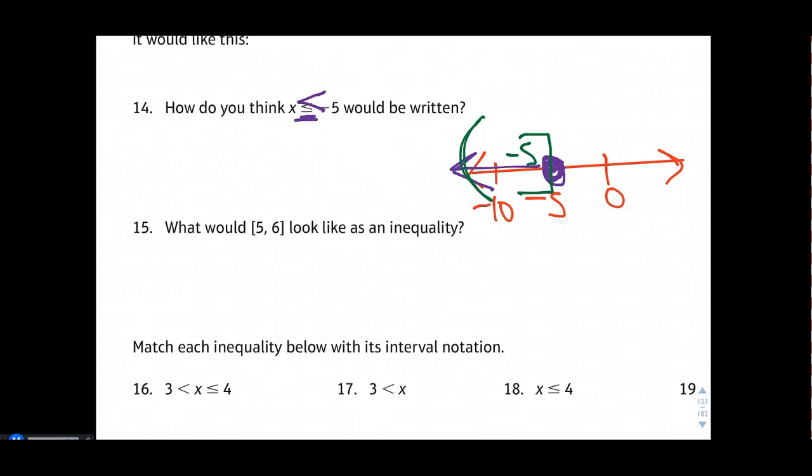My parenthesis goes all the way to the end of my negatives, which in a perfect world would be the number -infinity. My -infinity is just a concept, it's not an actual number, so I use it as a placeholder.